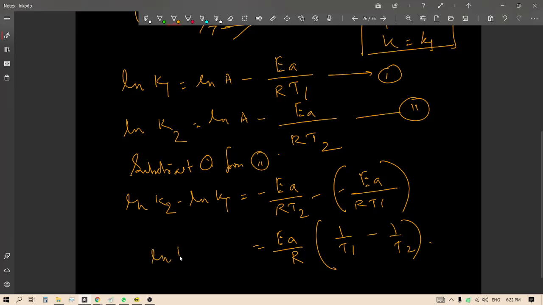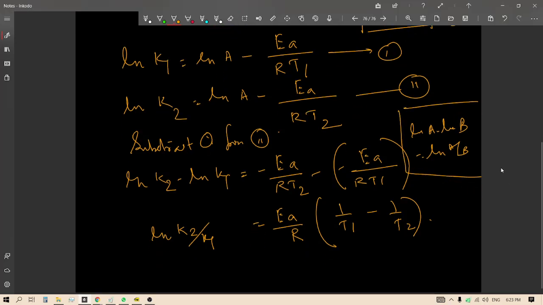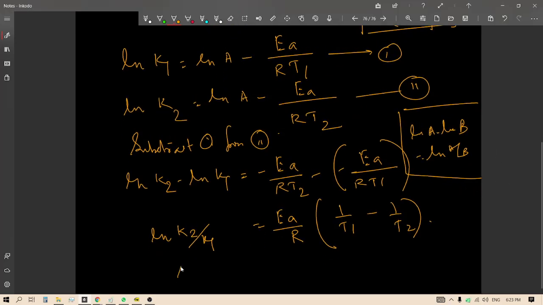Or this is ln K2 by K1, because we all know log of A minus log of B is equal to log of A by B. These are basic logarithm properties. So ln K2 by K1 is equal to EA by R times 1 by T1 minus 1 by T2.